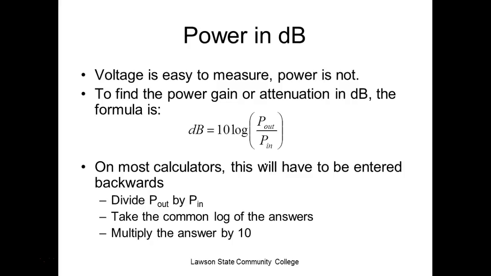So on our calculator, we'd take P out over P in, then take the log of it, and then multiply by 10. But if you look at the formula for dB, it's 10 log of P out over P in. But this is power. What would that be for voltage?